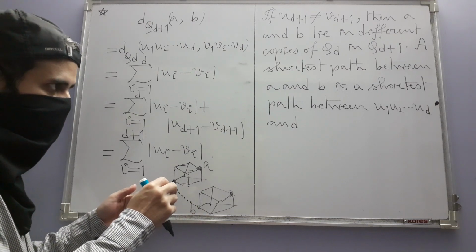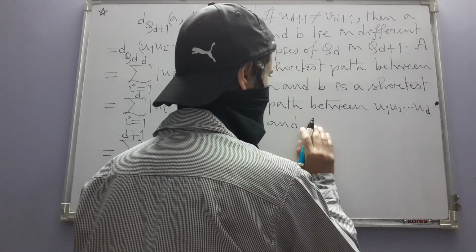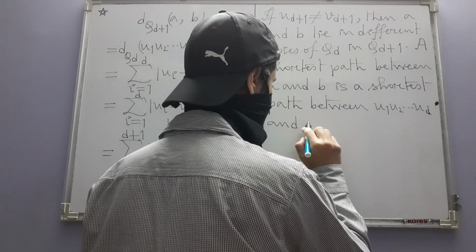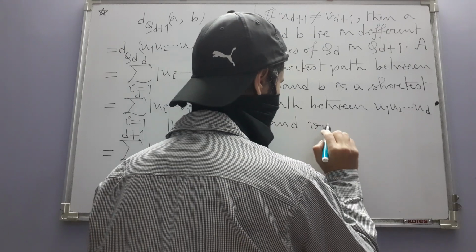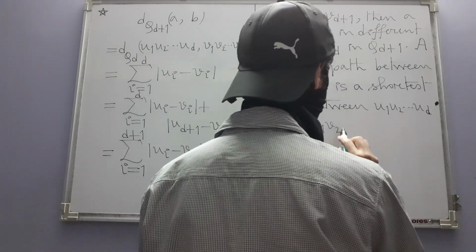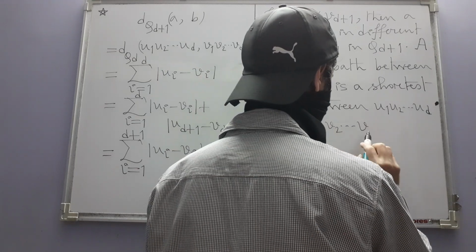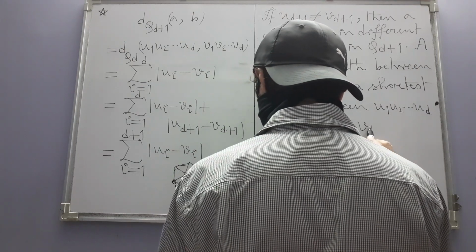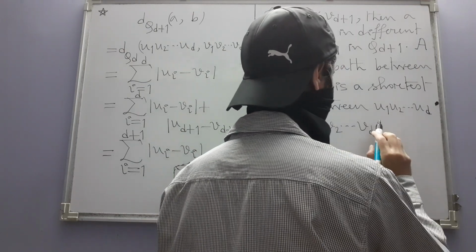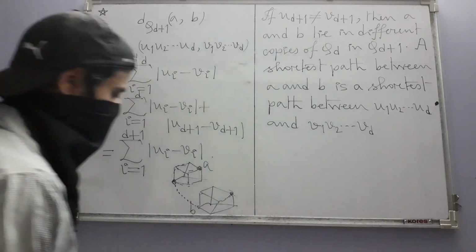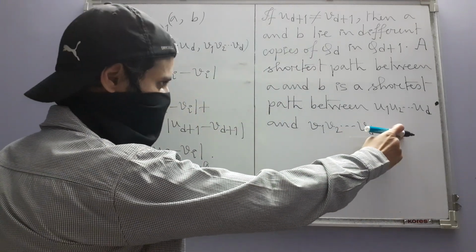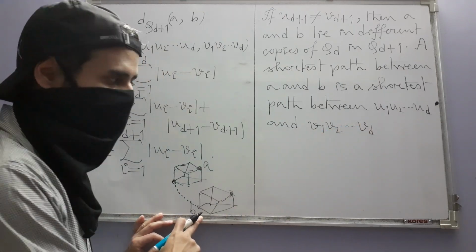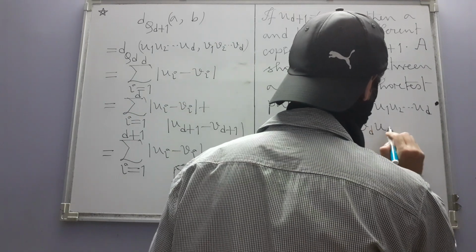It would look like this: V1, V2, VD, and then, well, if you have VD plus 1 after this, then you are just writing B, but it's not that. So UD plus 1.